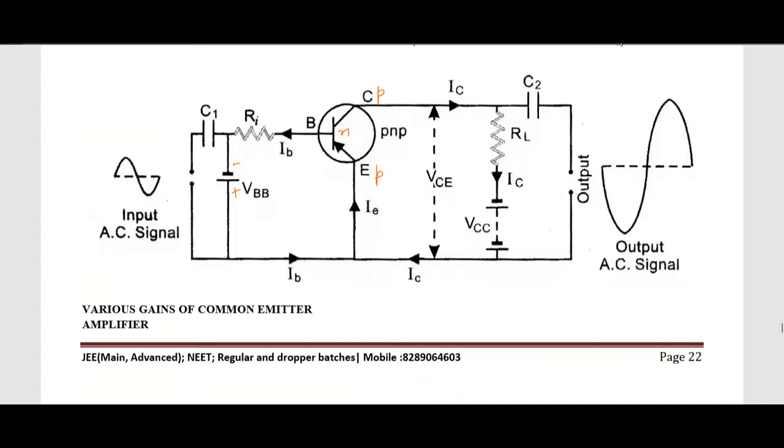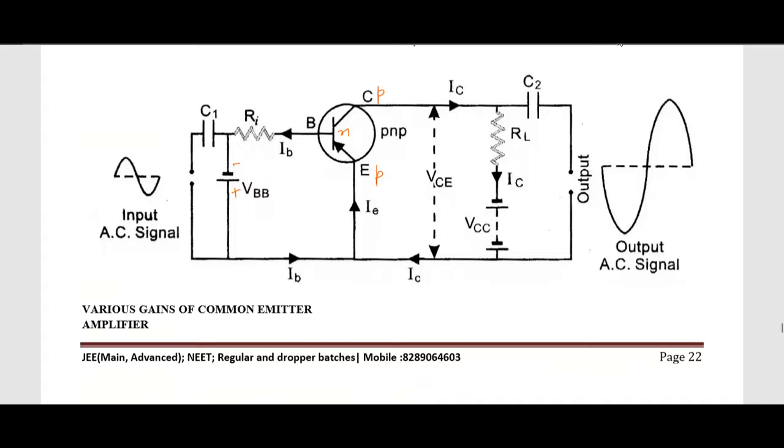This section has to be reverse biased. Collector emitter section has to be reverse biased. For that, this P is connected with negative of this battery, so to maintain the reverse bias. And now the next section, input wave is this and the output wave is totally out of form.